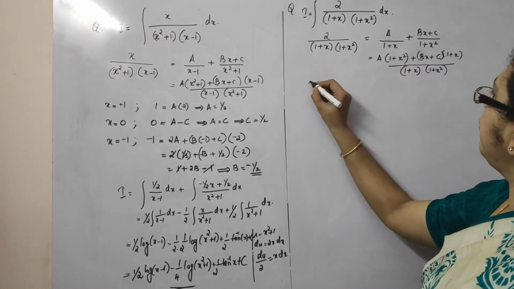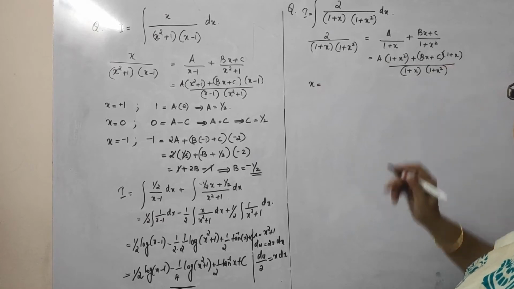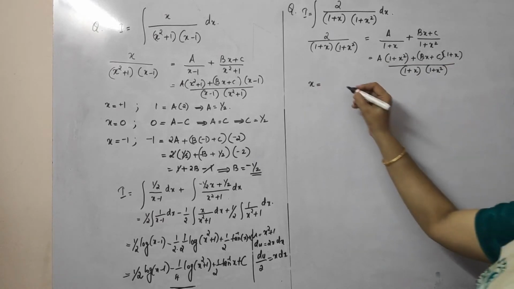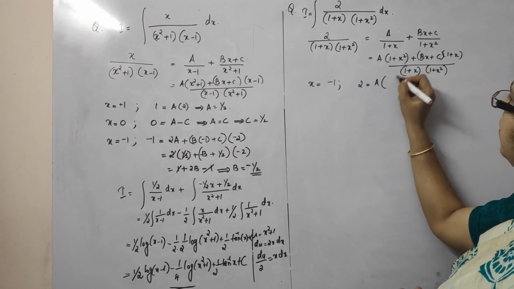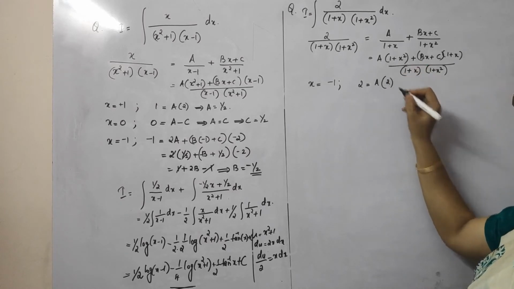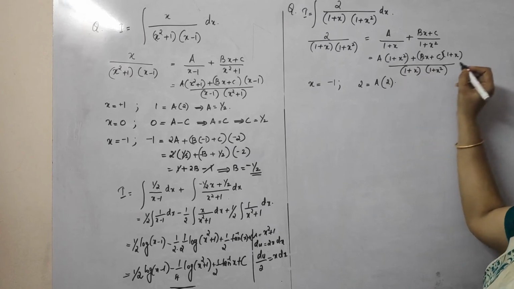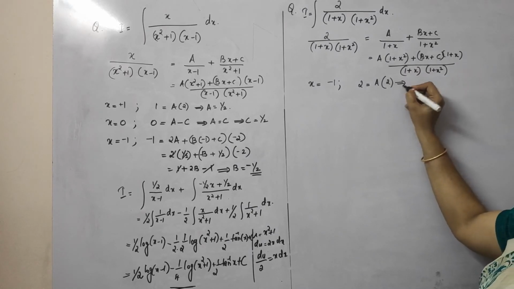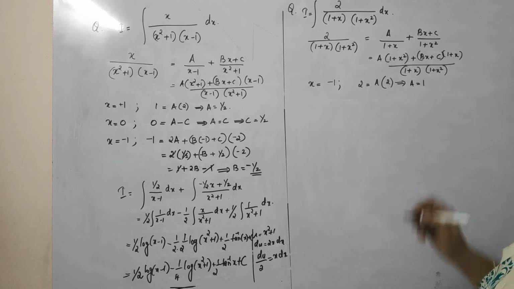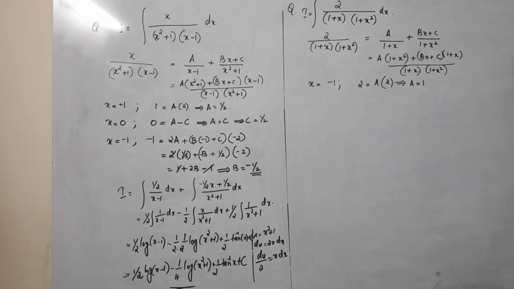So I equate, first I am going to substitute x is equal to minus 1. So what do I get? 2 is equal to a into minus 1 square gives you 1, plus, but here when you have minus 1, this becomes 0. This implies a is equal to 1. So when you substitute x is equal to minus 1, you got the value of a as 1.